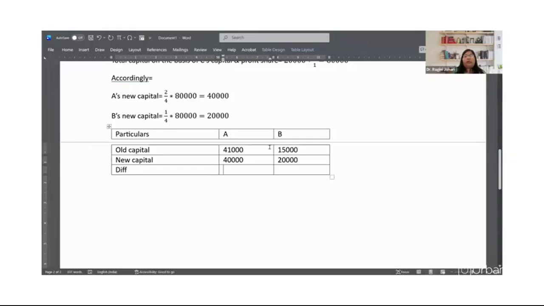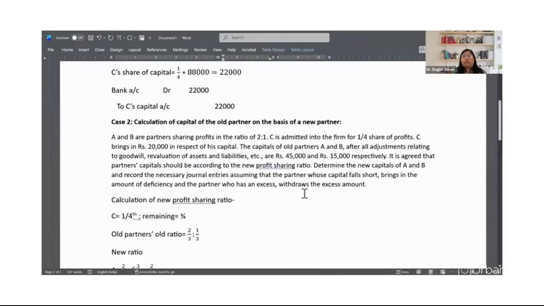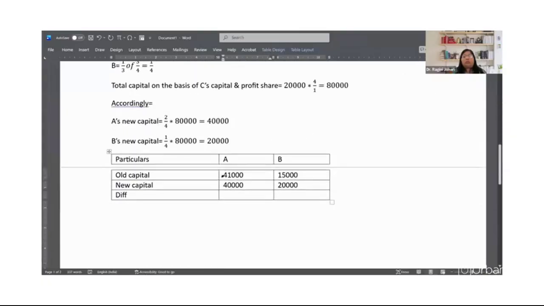So the difference is that the old capital contributed by A is 45,000, whereas he is required to give only 40,000. Sorry, I said 41,000 earlier, my mistake, this is 45,000. So that means A has already contributed 5,000 more.